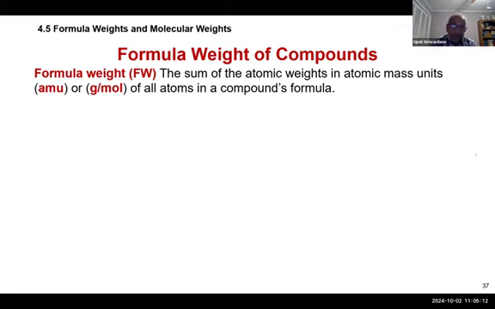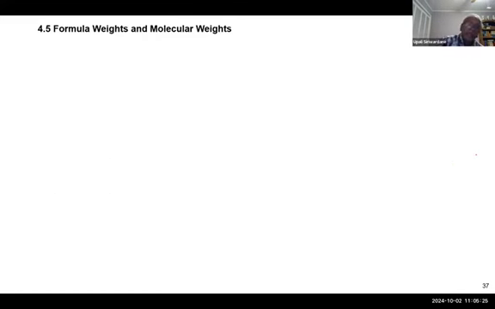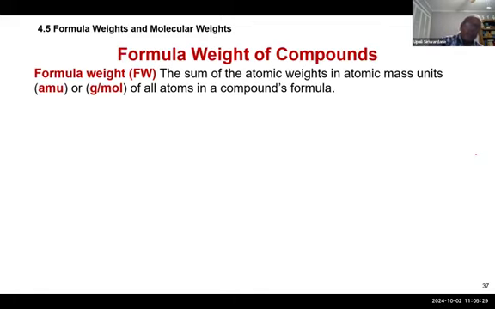If you calculate the formula weight using the periodic table, the sum of the weights has the units of grams per mole. We never use atomic mass units, we use grams per mole.